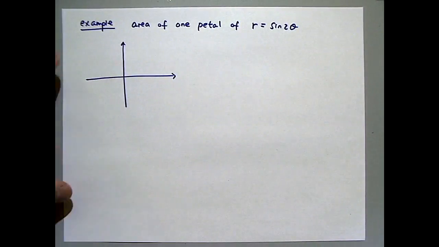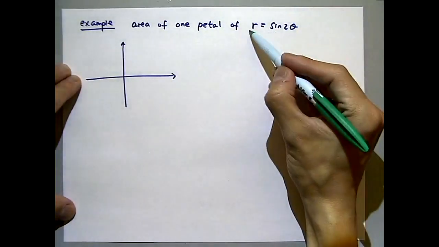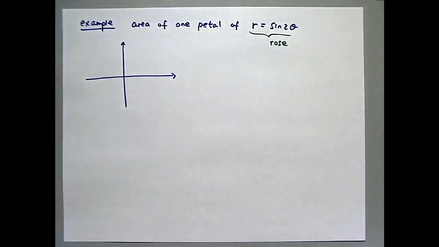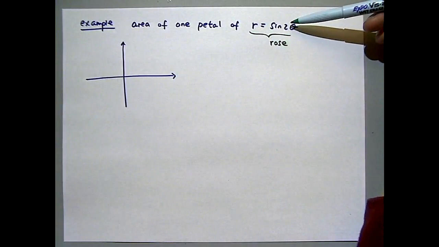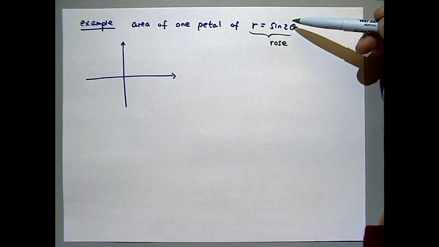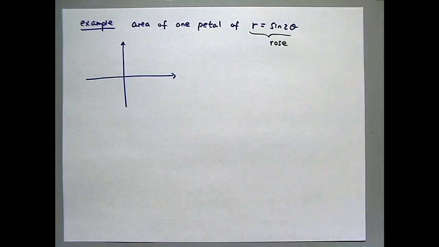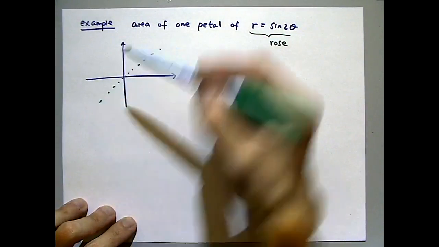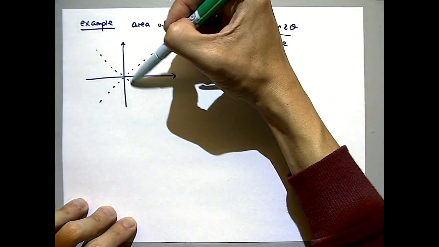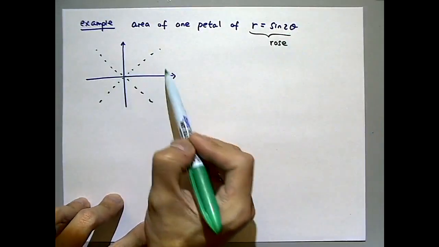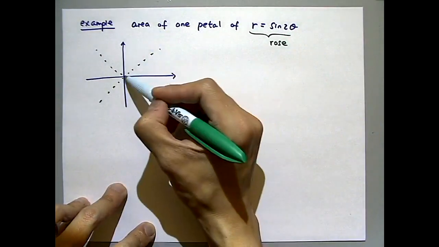You might remember when you took Calc 2, this kind of thing, the shape is called a rose. When the coefficient of theta is even, there will be 2n petals. So this rose has 4 petals, and they're spaced evenly apart. Because it's a sine, it doesn't start on the axis. It starts over here.